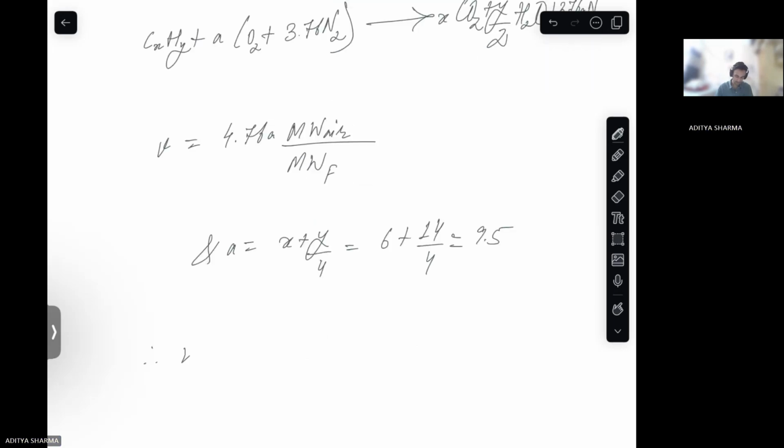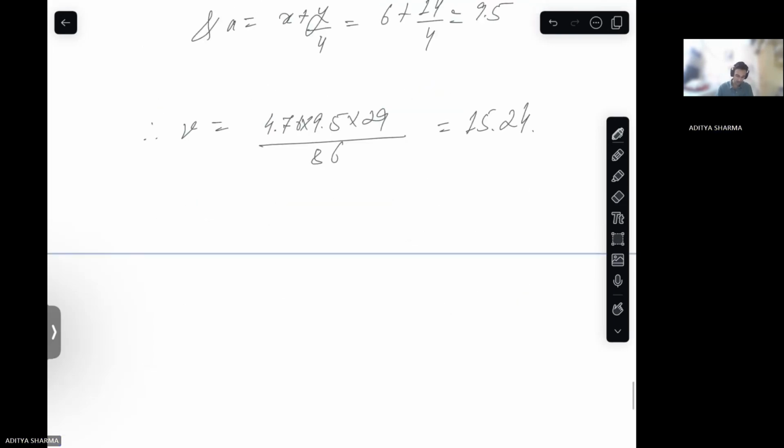So the air to fuel ratio comes out to be 4.76 into 9.5 into 29 divided by 86. So if you work this out, this will be 15.24.